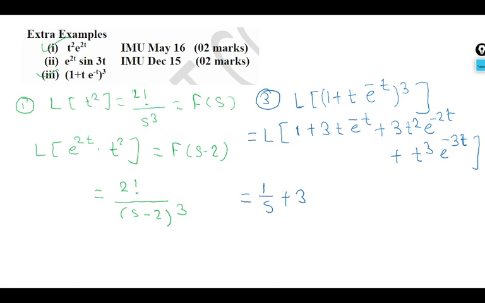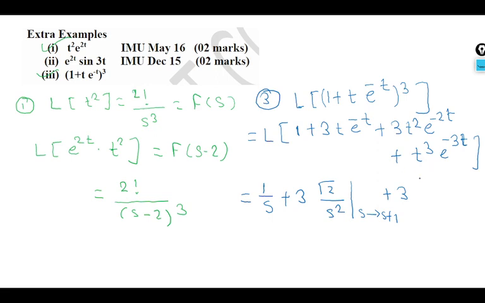Gamma 2 is 1 factorial. So gamma 2 divided by s raised to 2, where we shift s to s plus 1, plus 3.